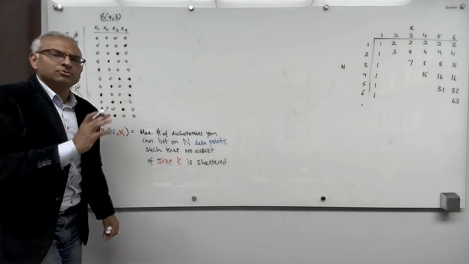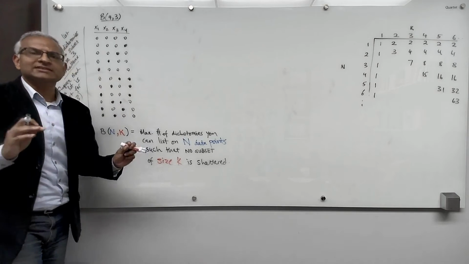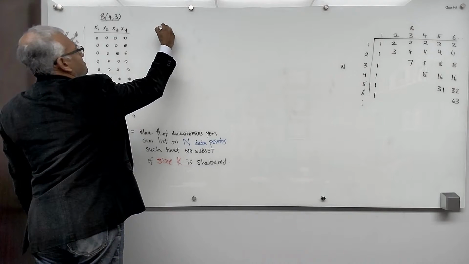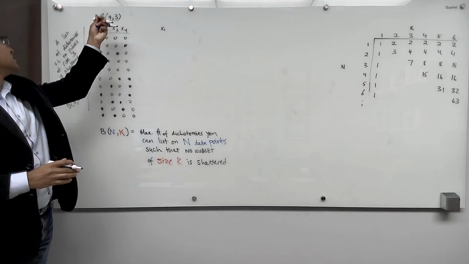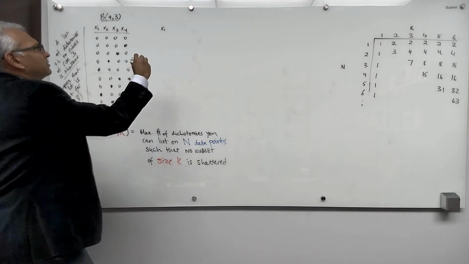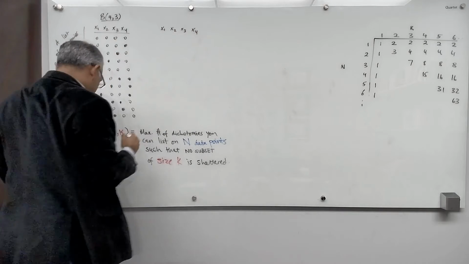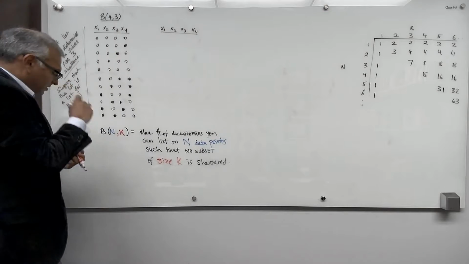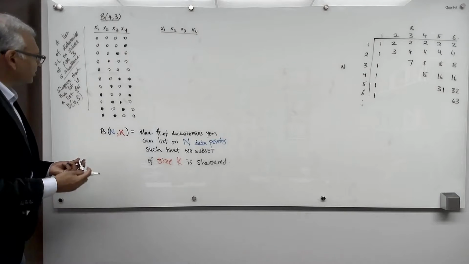Now I'm going to reorganize these dichotomies in a very special way. I'm not going to change the number. You gave me this list that realizes B of 4 and 3, and I'm going to reorder it over x1, x2, x3, x4. To do that, I'm going to point out a couple of interesting things.